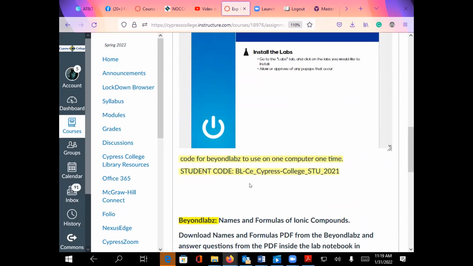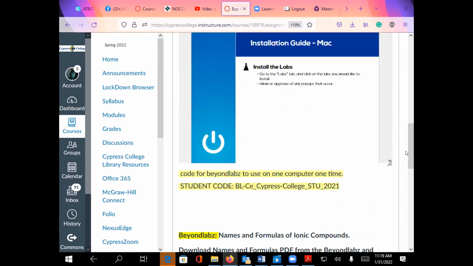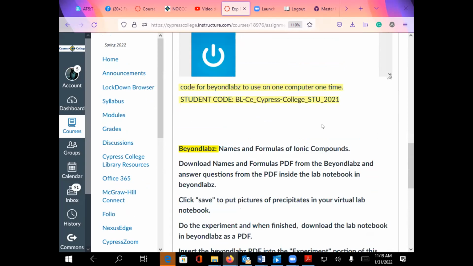I don't think you have to do one computer one time because they put it on the cloud. I'm positive it's cloud-based now. But this is your long student code, so you don't need to worry about the one computer one time, and the school paid for it.